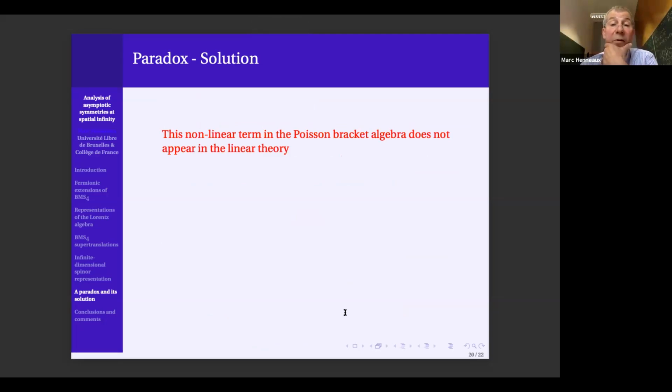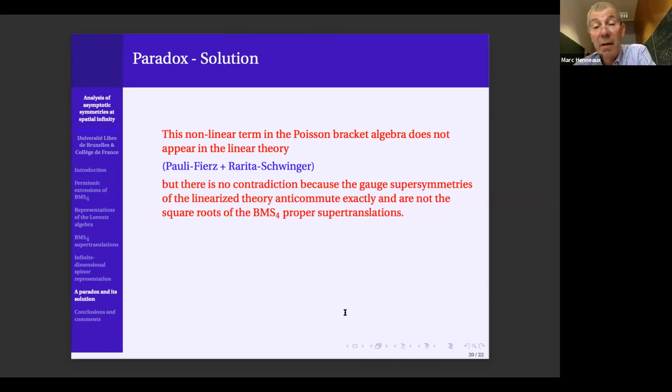So this nonlinear term in the Poisson bracket algebra, in fact, we were misled in a sense by the linear theory, because you don't see them in the linear theory. But there is no contradiction in the linear theory either, because the gauge supersymmetries of the linear theory are exactly abelian.